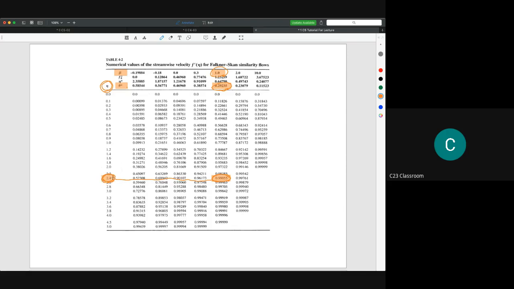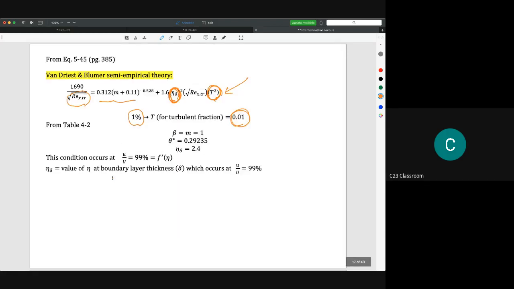So eta delta means the value of eta that gives us delta, and delta is, as we know, where u over U is equal to 99%.